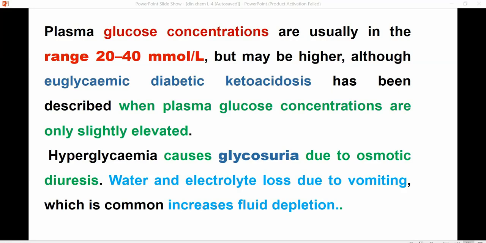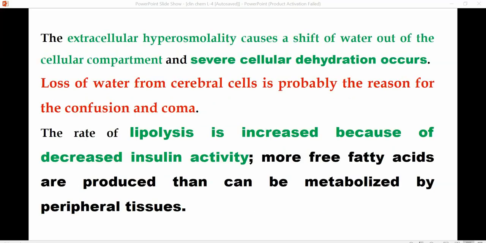Hyperglycemia could cause glucosuria, as we said, due to osmotic diuresis, besides the development of electrolyte imbalance and an increase in fluid depletion due also to vomiting besides the polyuria.